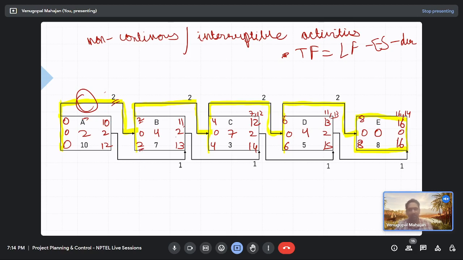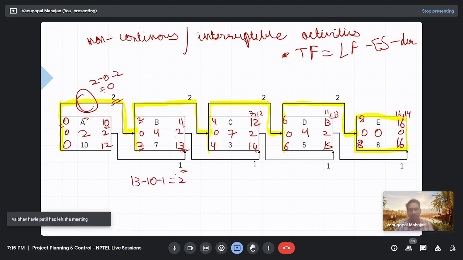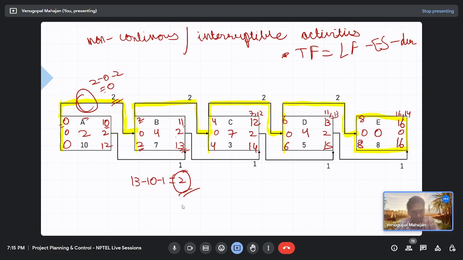Late is 2, early is 0, and duration is 2. So 2 minus 0 minus 2 is 0. What about this? Late is 13, early is 10, and duration is 1. So 13 minus 10 minus 1 is equal to 2. You see that as this relationship is not critical, you have got some relationship float coming in. So, the formula for relationship float.